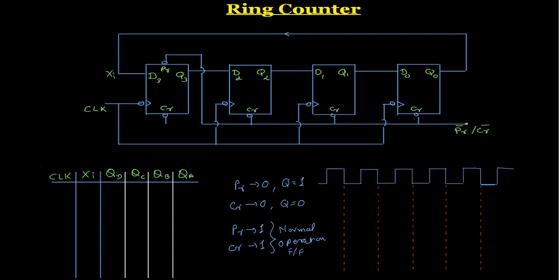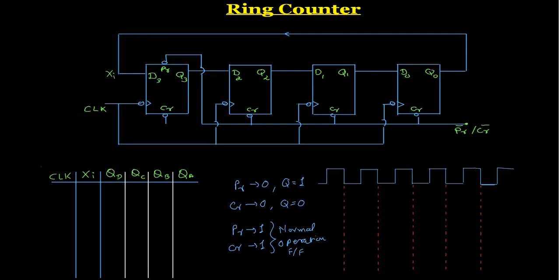Initially when we switch on the circuit, we have to set the bit high at the first flip-flop, at Q3, and the rest of the flip-flops must be in a reset condition.